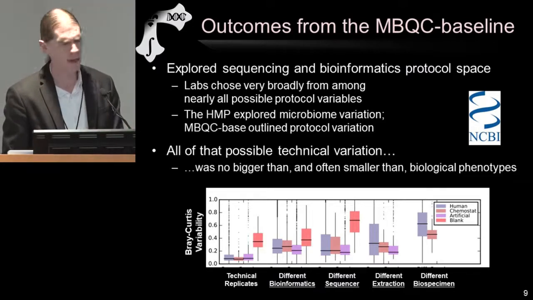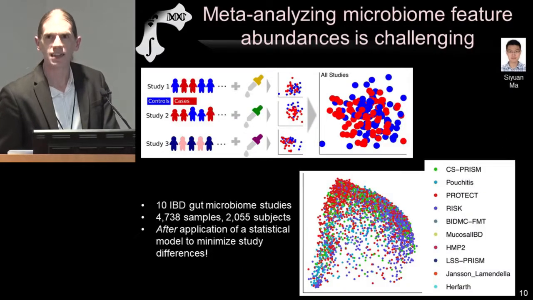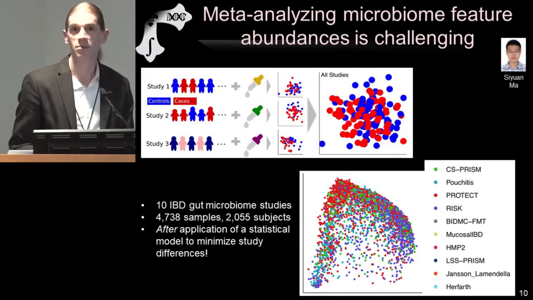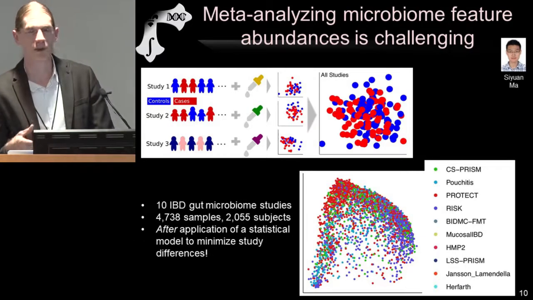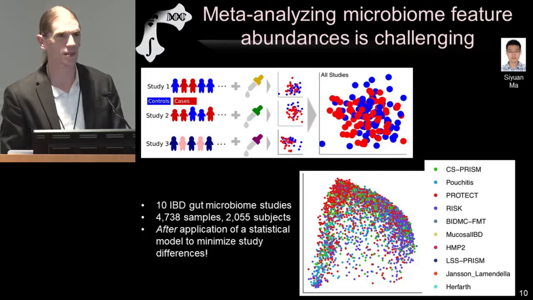So keep this in the back of your mind again as far as technical sources of variability in defining microbiome health. Where this tends to manifest when considering population studies is that it can be very challenging to compare microbiome studies even from similar populations, let alone, as we saw earlier, from different global populations.